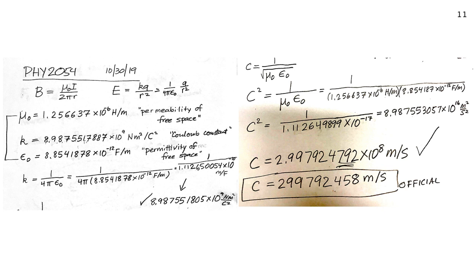The official value, by the way, students, this is now a constant of nature. And it's fixed. 299,792,458 exactly meters per second.